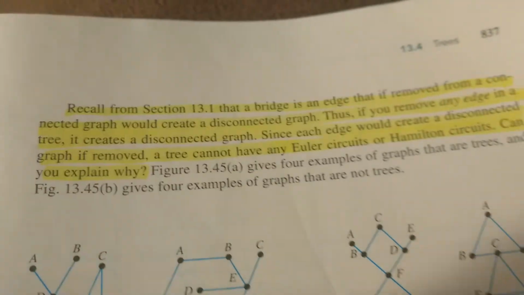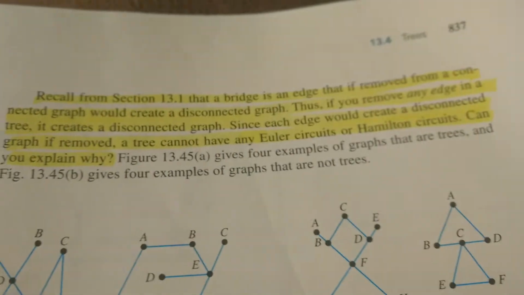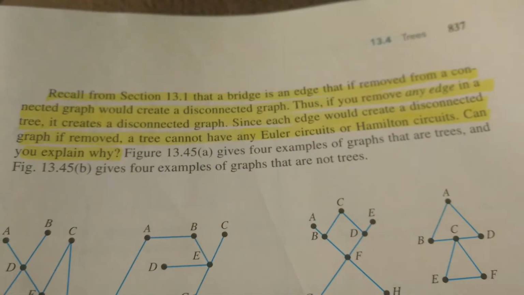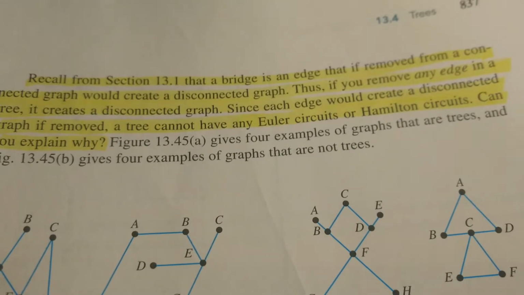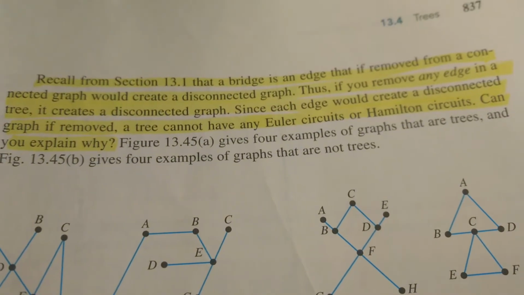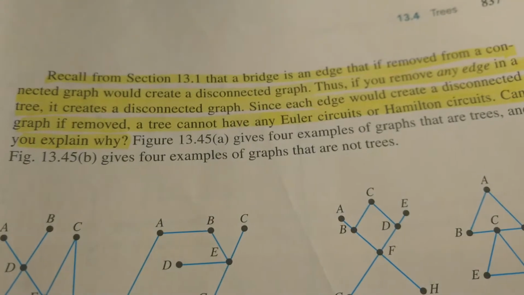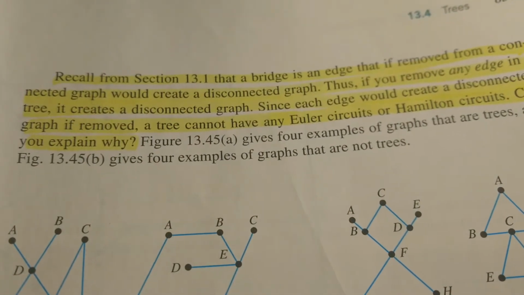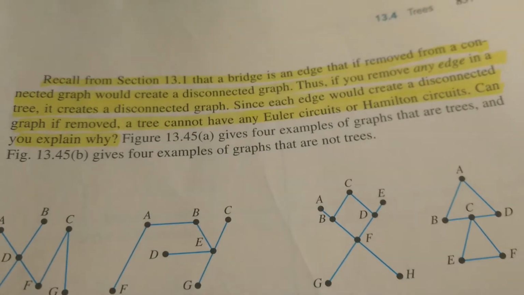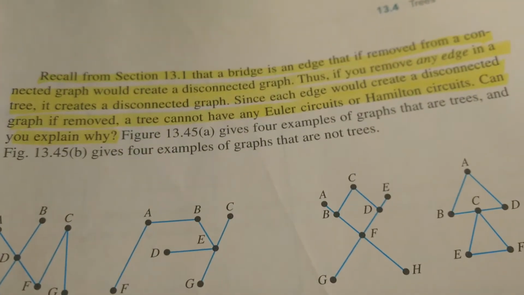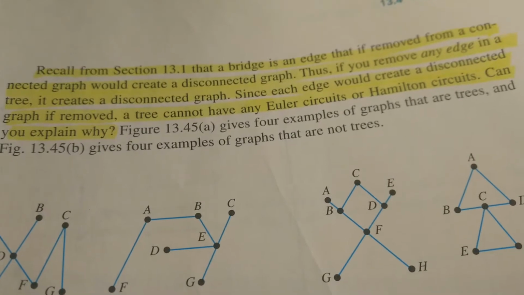A couple of things you need to make sure you understand. It says recall from section 13.1 that a bridge is an edge that, if removed from a connected graph, remember, connected graph is where all the vertices are connected, would create a disconnected graph. Thus, if you remove any edge in a tree, it creates a disconnected graph.